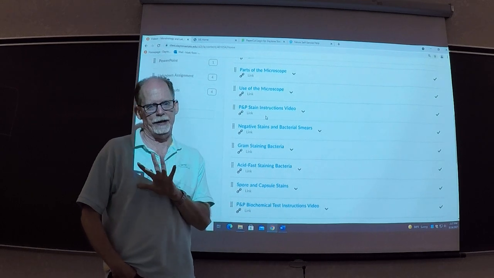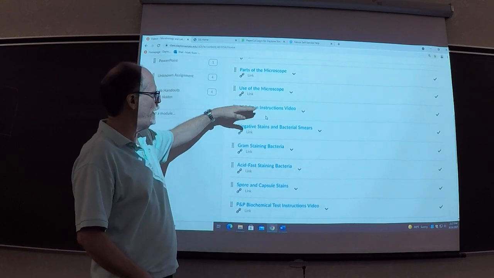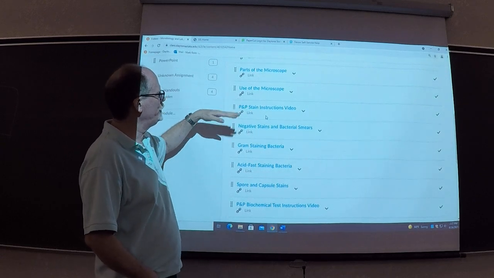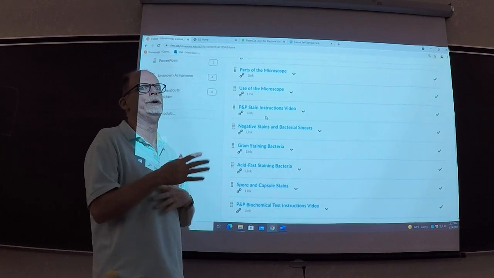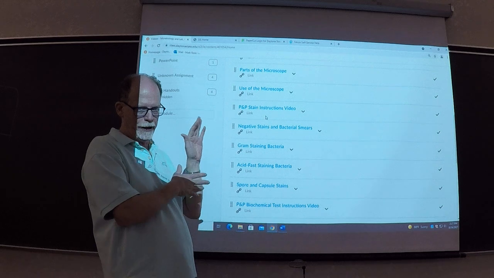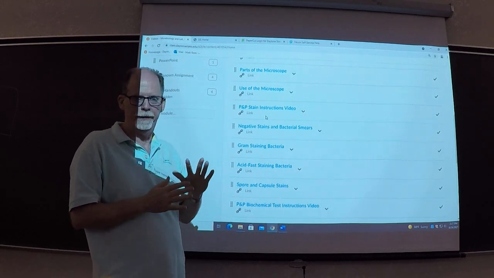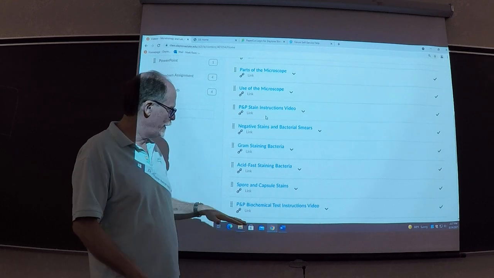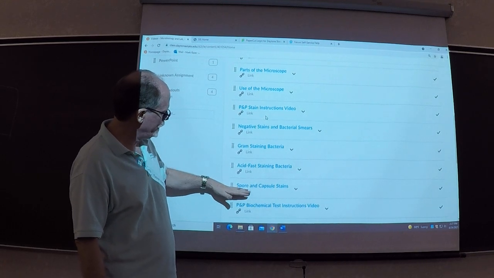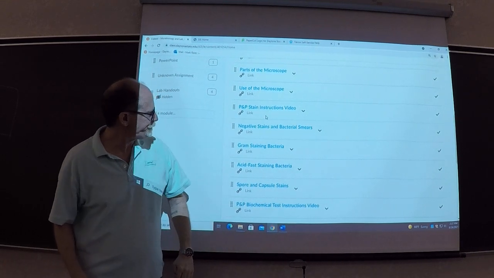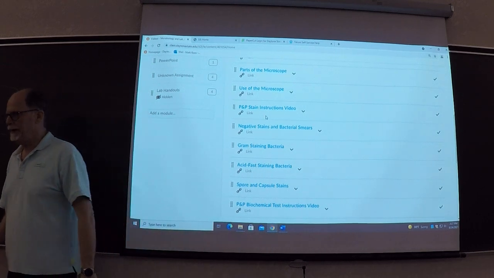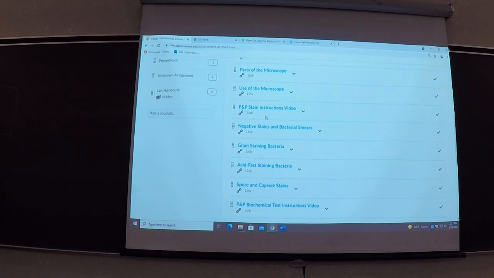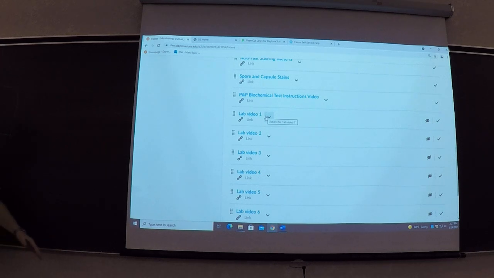So there's 5 stains that we do. You follow these instructions to do P&Ps for the stains. When we're done with those, the first ones, I already showed you when they were due, right? Those 2 sets are due, and then all the rest of the remaining P&Ps will be for biochemical tests, right? So the biochemical tests are what we'll be doing in the remaining videos.